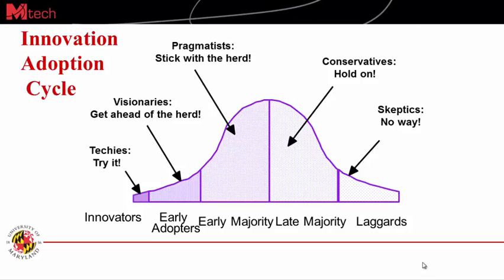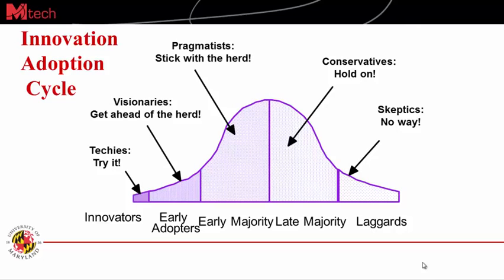And then we have a larger segment under the curve, the visionaries, the people who are the first adopters, early adopters, and then we have the early majority, and then gradually over time, so there's a time frame and a timeline that goes across the bottom of that curve, and over time, gradually, everybody adopts something. And it may be that some people never will adopt, let's say, a smartphone. There are people who say they're just not going to do it.